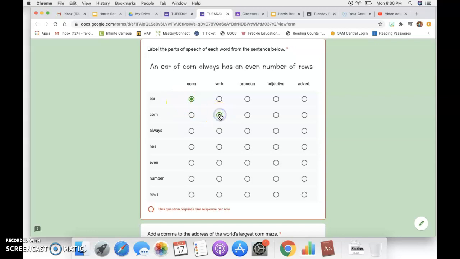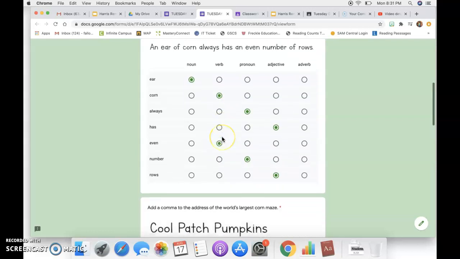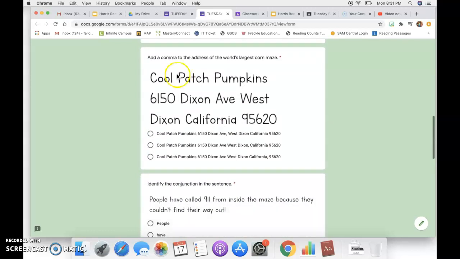And you'll notice that you have to select one thing for each answer. So you have to have an answer for each word. So ear, corn, always. You have to select a part of speech for each one of those words. Then it says add a comma to the address of the world's largest corn maze.